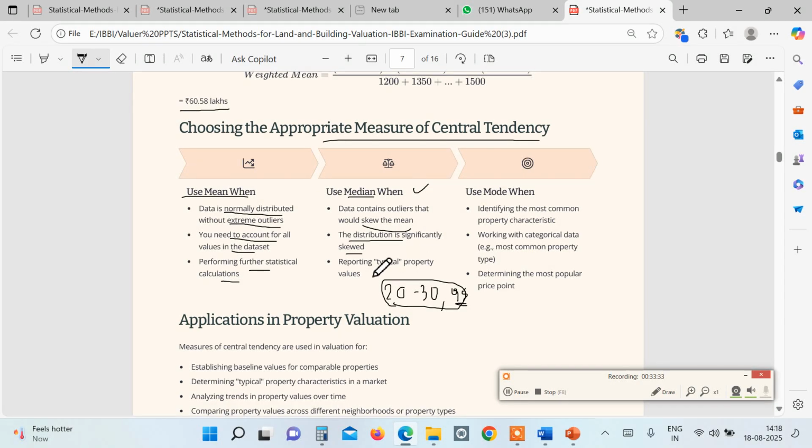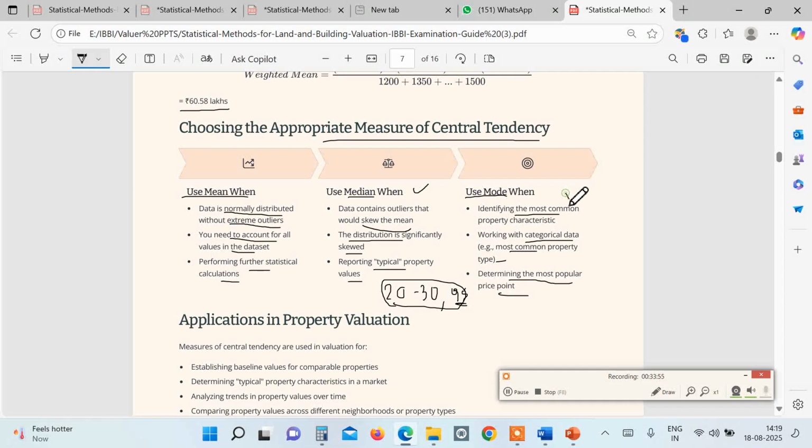So for reporting typical property values, you will be using median. So mode, when will you be using mode? For identifying the most common characteristic and working with categorical data, for example, most common property type, and determining the most popular price point, you will be using mode.